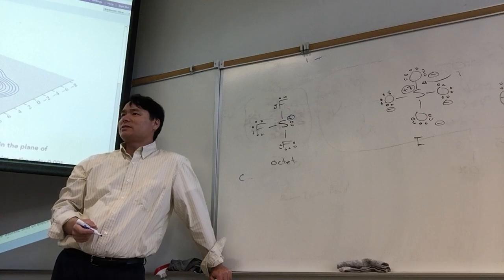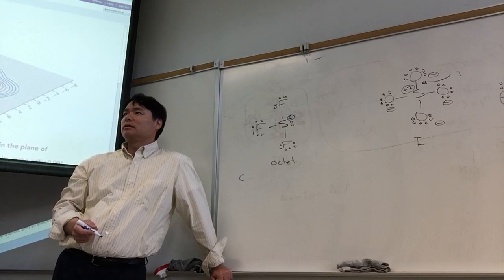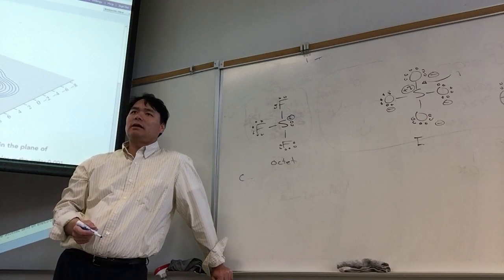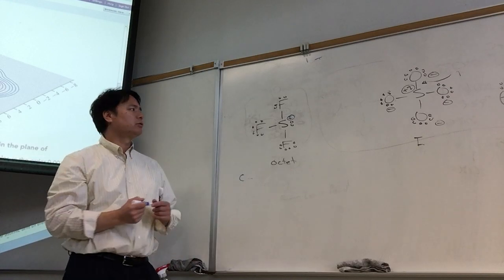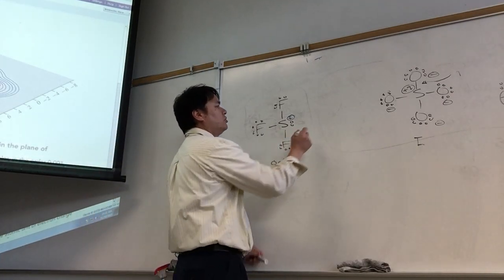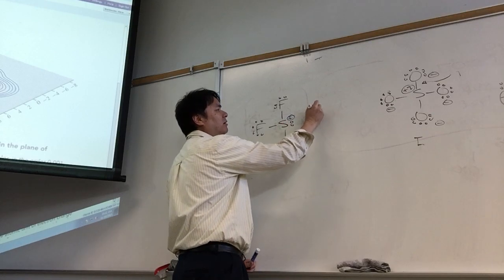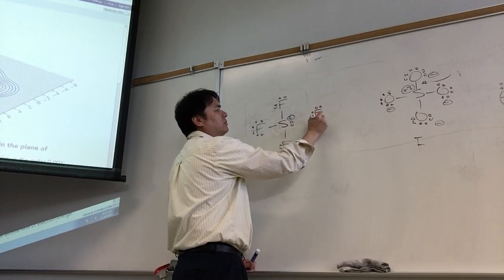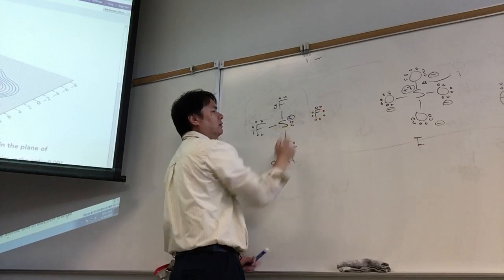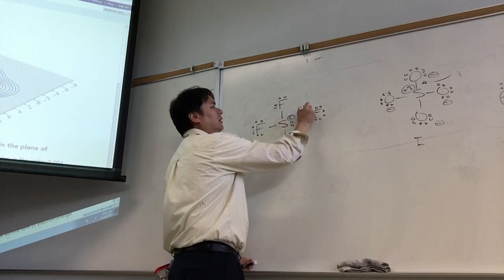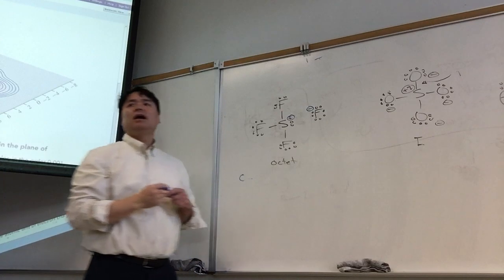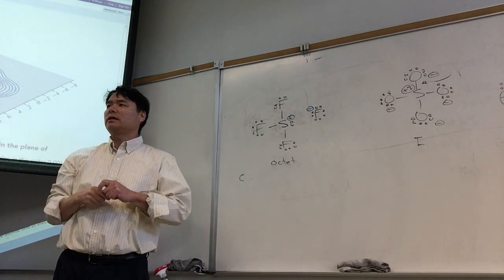And cations, are they stable by themselves? No, they need an anion to bond to it to maintain electrical neutrality. Now, cations can bond to anions via ionic bonds. And so if I have another fluoride out here, then I have a mix of bonding.